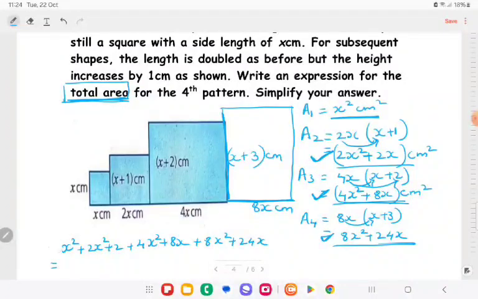What is our answer? Let's add up all the x squares. x square, x square, x square, x square.